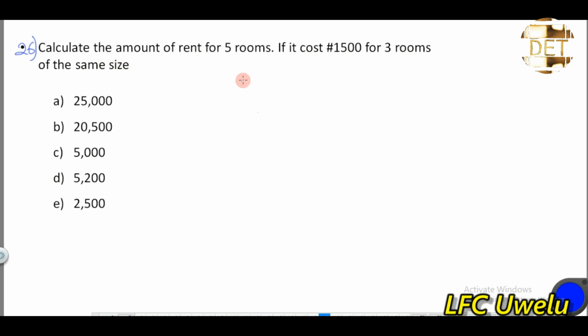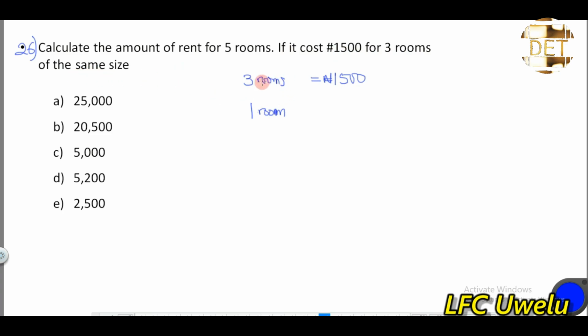So if 3 rooms, from this last statement, if 3 rooms cost 1,500 naira, one room, because the question is if it costs 1,500 naira for 3 rooms of the same size, right?